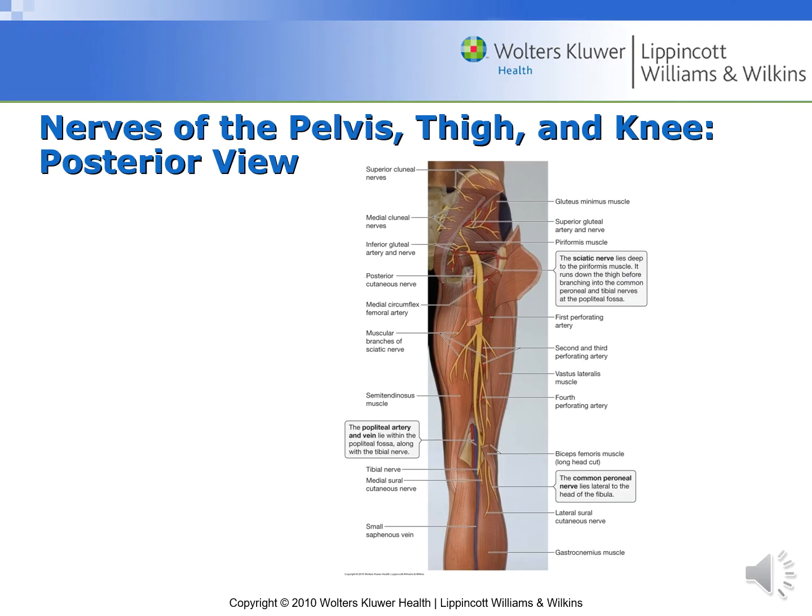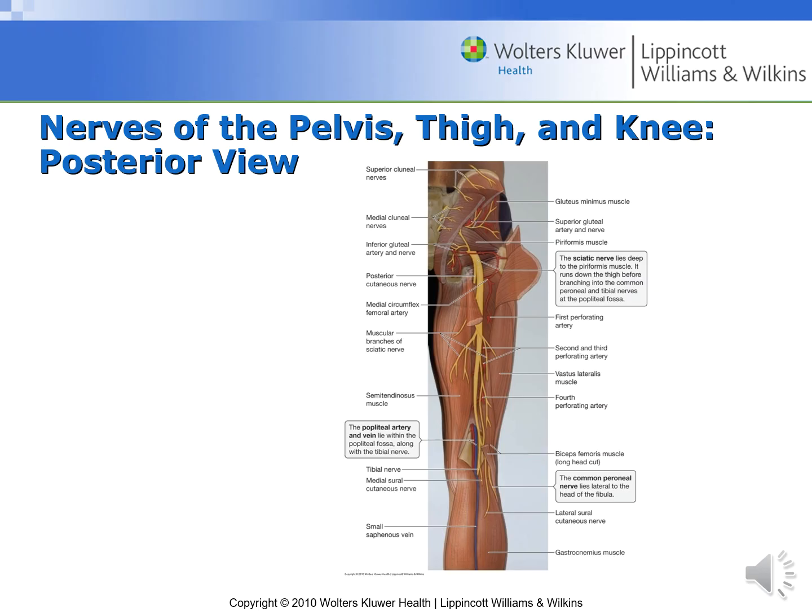And now the nerves from the posterior view. We see the superior cluneal nerves, beginning most superiorly on the left-hand side, the medial cluneal nerves, the inferior gluteal artery and nerve, the posterior cutaneous nerve, the medial circumflex femoral artery, the muscular branches of the sciatic nerve, the semitendinosus muscle, the popliteal artery and vein.